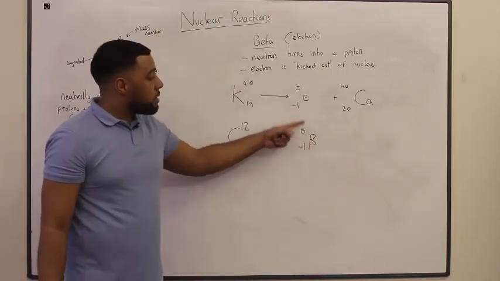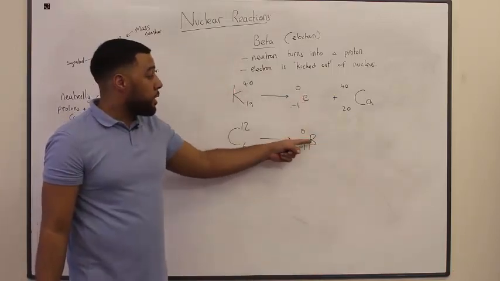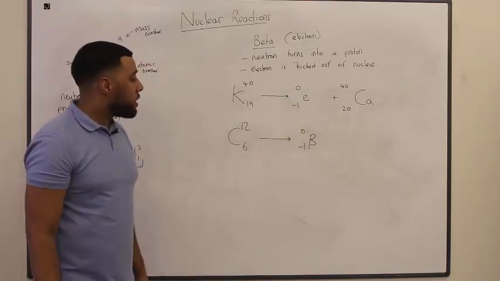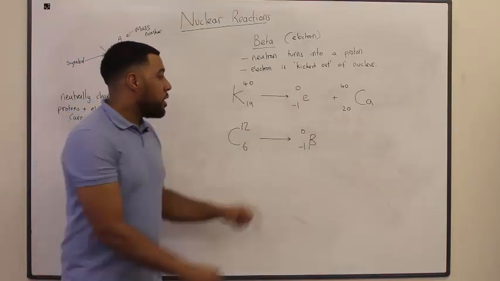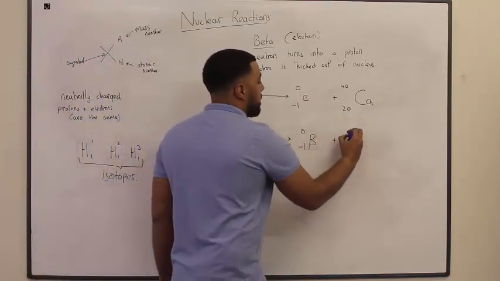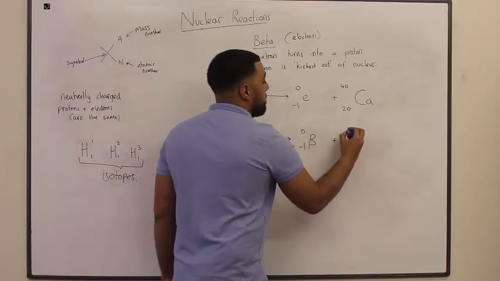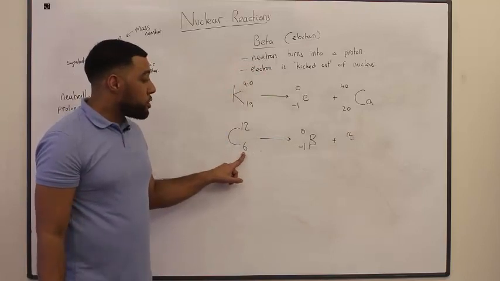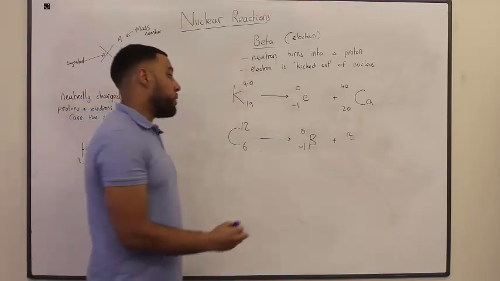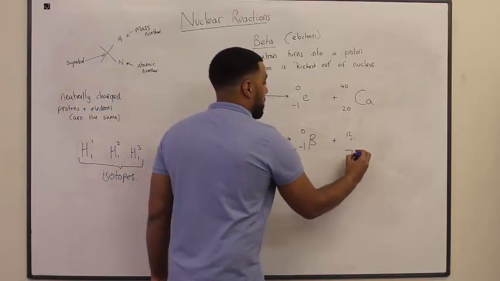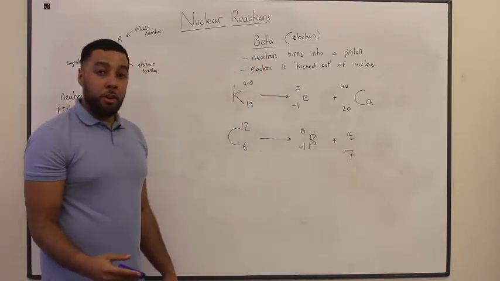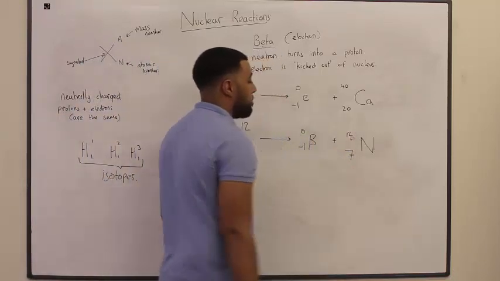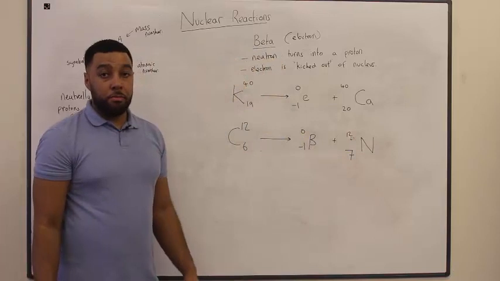Now, there's two ways of representing that beta particle, and you have to be comfortable with using both of them. Remember, the mass doesn't change, so the mass of my leftover element must still be 12, but the proton number has increased by 1. Again, using the periodic table, you would see that this is an isotope of nitrogen.